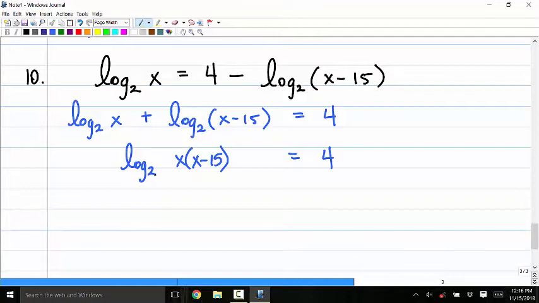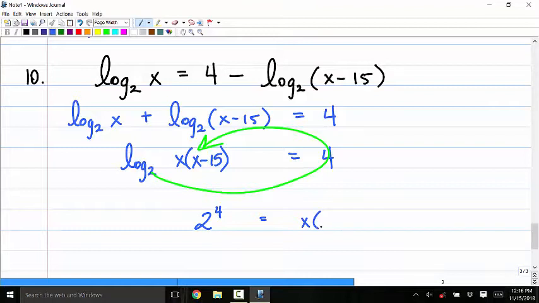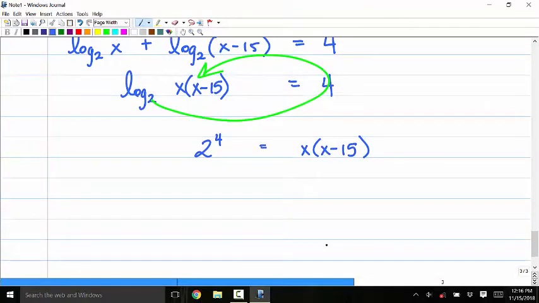Do your circle thing exactly. 2 to the 4 equals x times x minus 15. What kind of an equation is that? Quadratic. 16 equals x squared minus 15x.